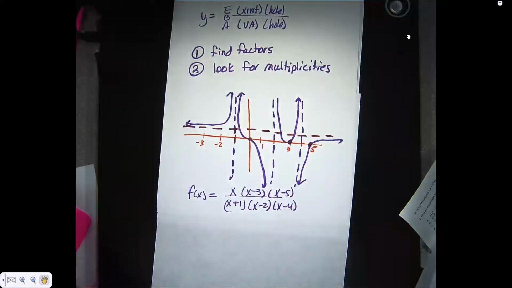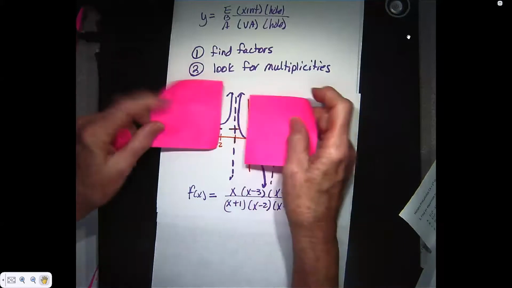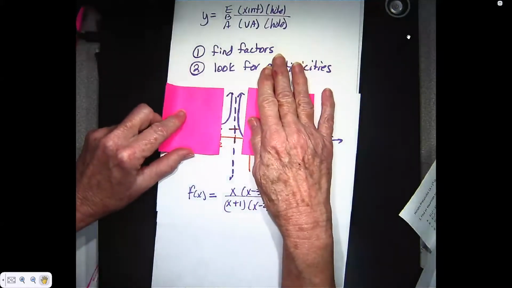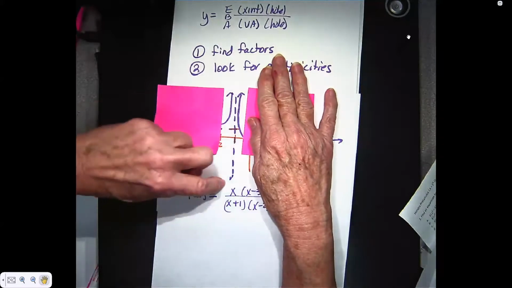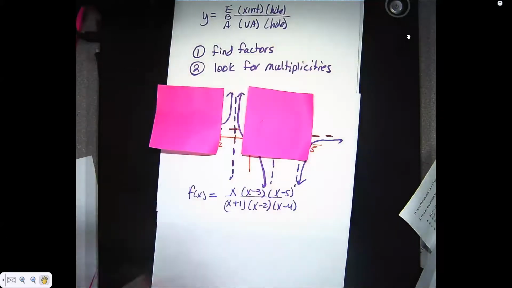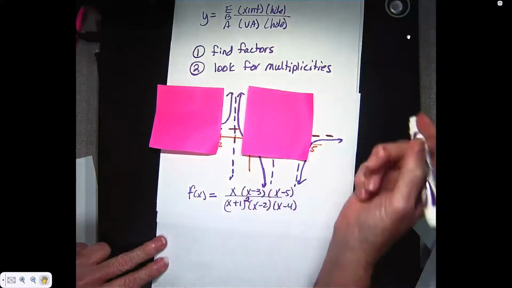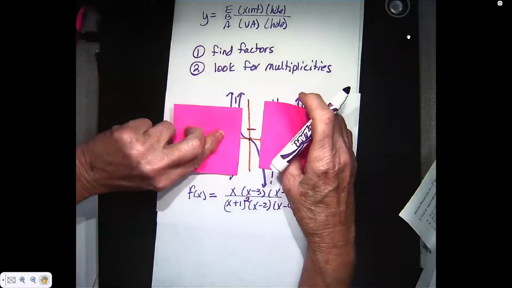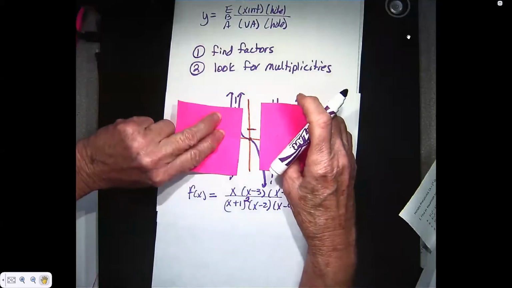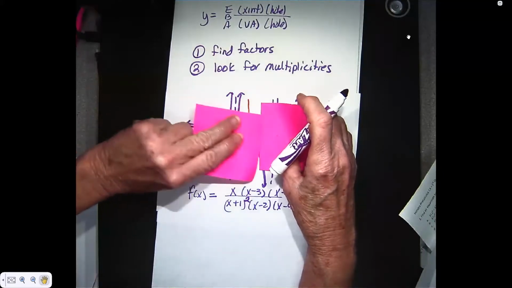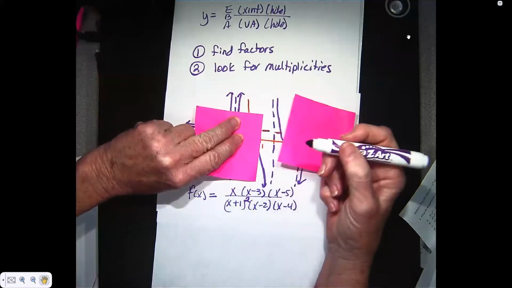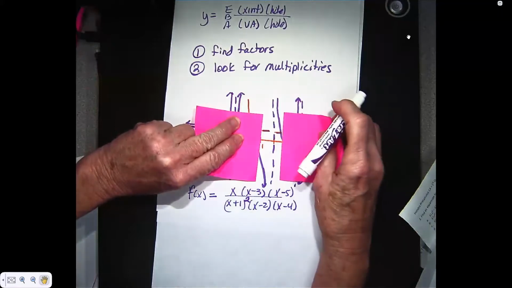Now I'm going to go in and look at my multiplicity. Okay, so when I look at this, that asymptote looks like 1 over x squared. So that particular asymptote needs to have a squared term that goes with it. When I look at this zero, it goes through the graph. That's a degree 1. This asymptote, I can see, down, up, that's a degree 1 behavior.